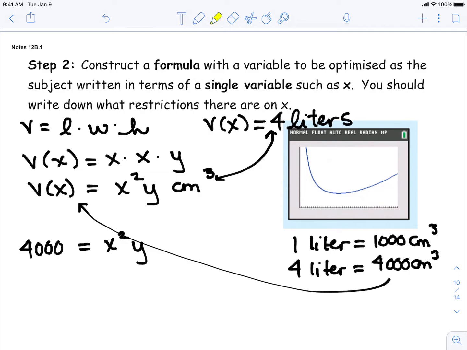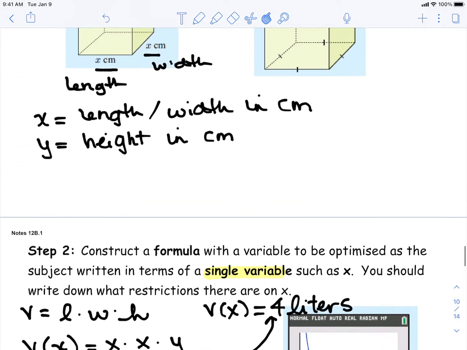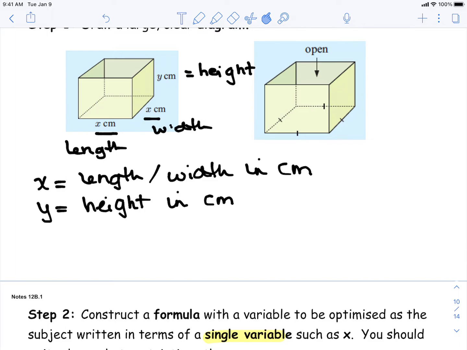Now we're going to create a single variable, because right now we have 2 variables, an x and a y. In order to do that, we have to look back. We have this x, this x, and that y.